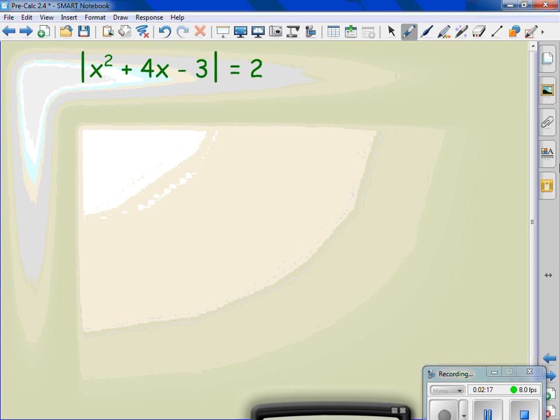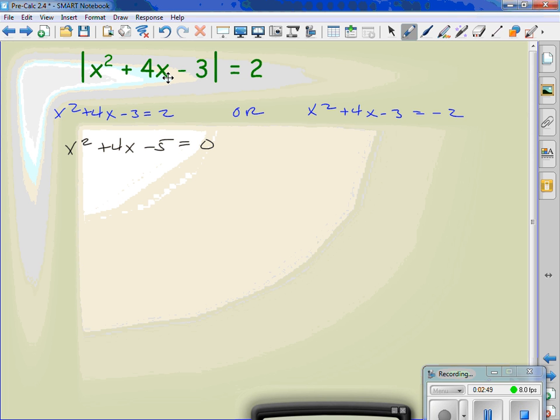It means I have x squared plus 4x minus 3 equals 2, or I have x squared plus 4x minus 3 equals negative 2. What should I do for both problems? Make them equal to 0. If I make it equal to 0, I subtract over: x squared plus 4x minus 5 equals 0. You don't change anything on the left-hand side.